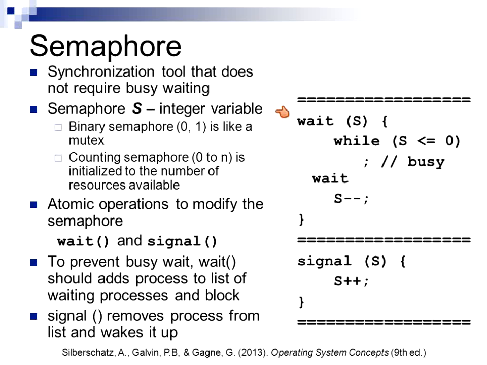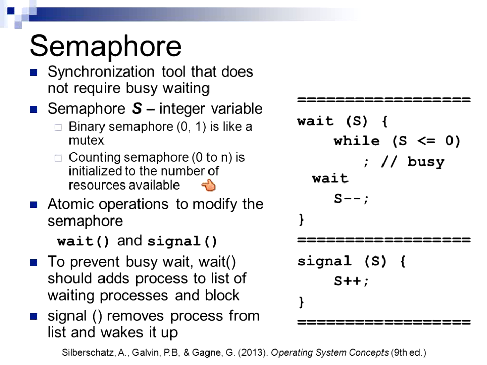So again, a semaphore is like an integer value. And we could have binary semaphores, which are just like mutexes, kind of a flag that's on or off, or a counting semaphore. With a counting semaphore, you're actually counting how many resources are available, and so you keep decreasing or increasing the count as somebody uses one of the resources.